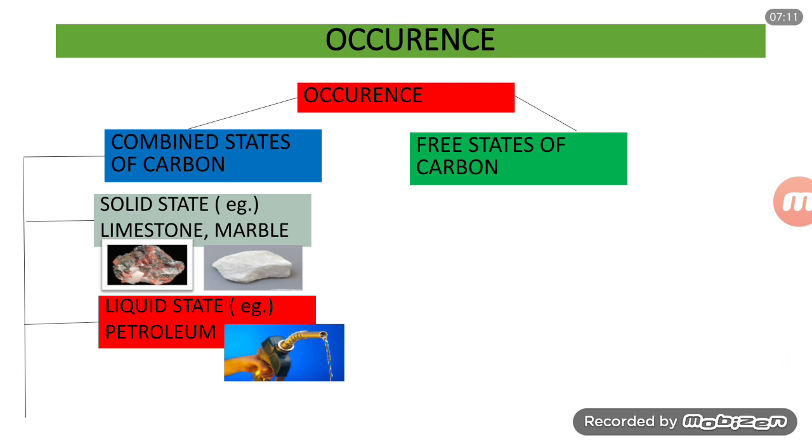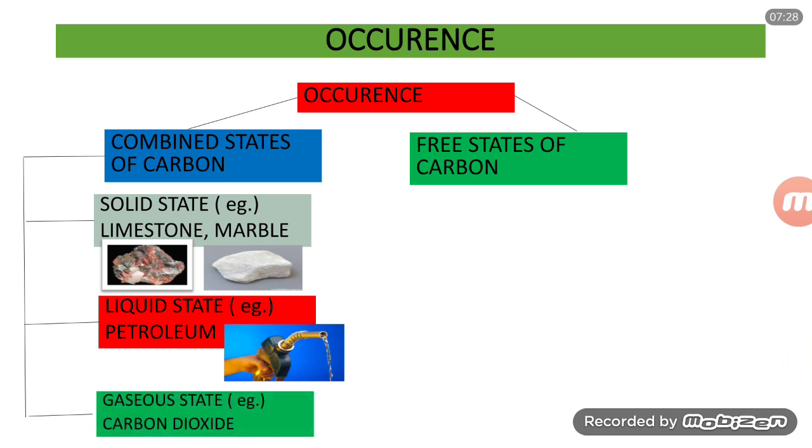Petroleum is a crude product. If petroleum is fractionally distilled, then we get products like kerosene, petrol, diesel, etc. It can also exist in gaseous state, for example carbon dioxide.